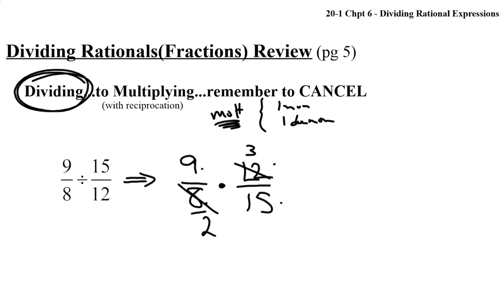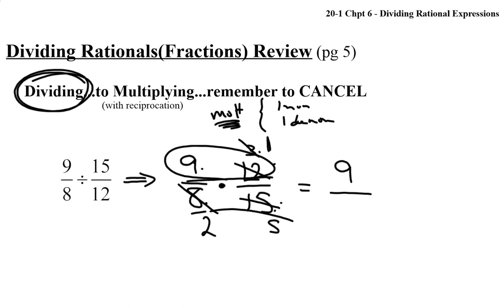There's my first step. Now I need another numerator and denominator, all kinds of choices. I'm going to take my 3 and my 15 and reduce by 3. 3 divided by 3 is 1. 15 divided by 3 is 5. Is there any other canceling? At this point, all we have left in the numerator is a 9.